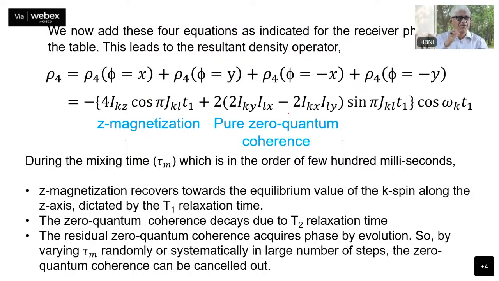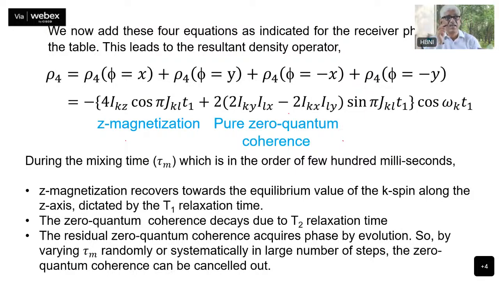Of course, if your mixing time is very large, like 1 second, then it will go away. But if you are using a small mixing time like 50 milliseconds or 100 milliseconds, sometimes it may not go away. In that situation, you vary tau m randomly or systematically in a larger number of steps, say about 10, 15 or 16 steps. For every scan, you change the value of tau m: 50, 55, 60, 65, 70.